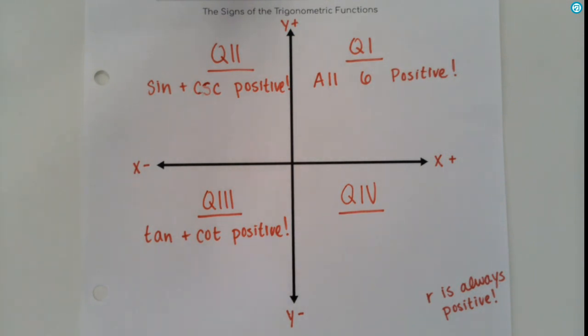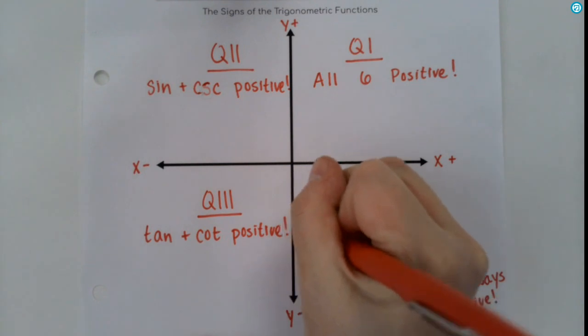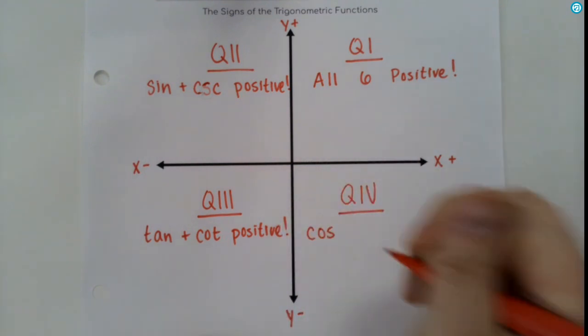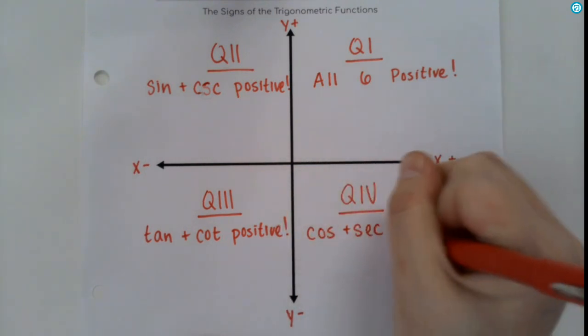In quadrant 4, sine would be y over r, so that's going to be negative. Cosine would be x over r, so that one is positive. So cosine is positive, and its reciprocal secant are positive.